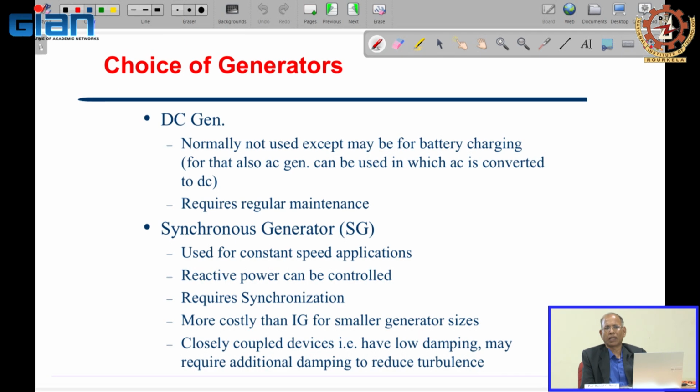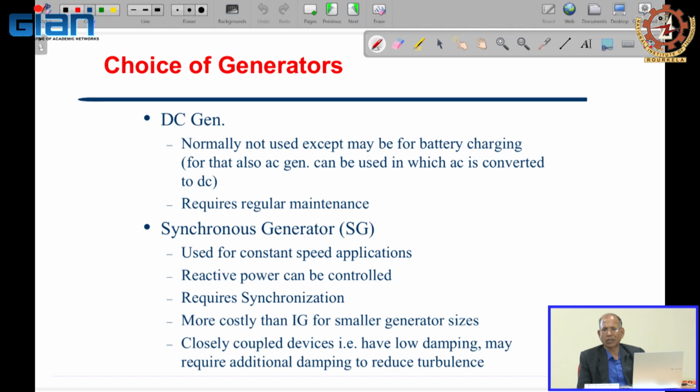Now let us discuss a little bit about the choice of the generators. In principle, we can have three types of generator: synchronous generator, induction generator and DC generator.